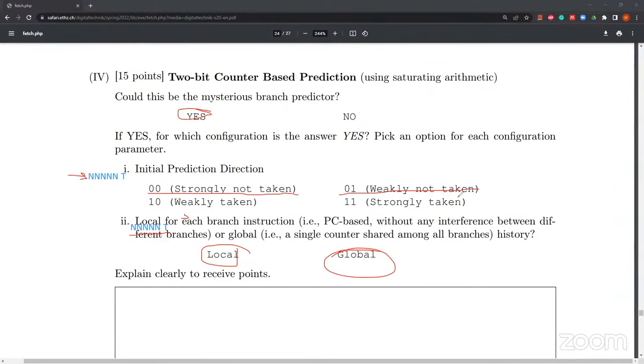So as an example, I can run one example. This time, let's choose the global predictor, not local, and start with, let's say, the strongly not taken case. This should result in exactly 6 mispredictions.